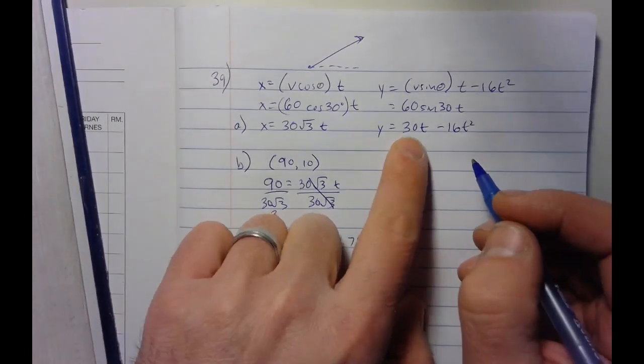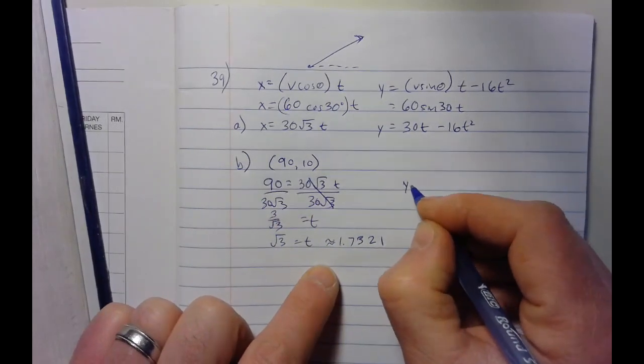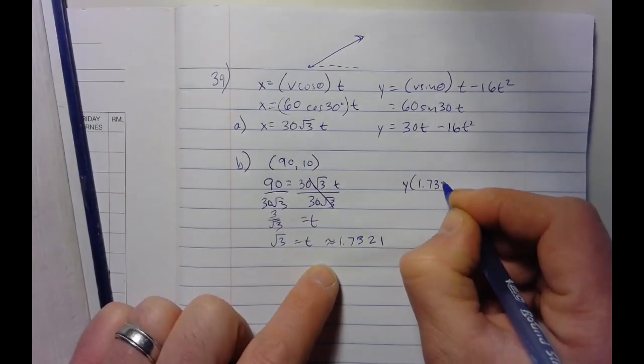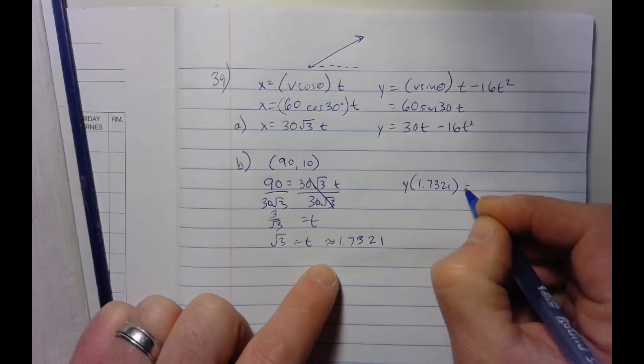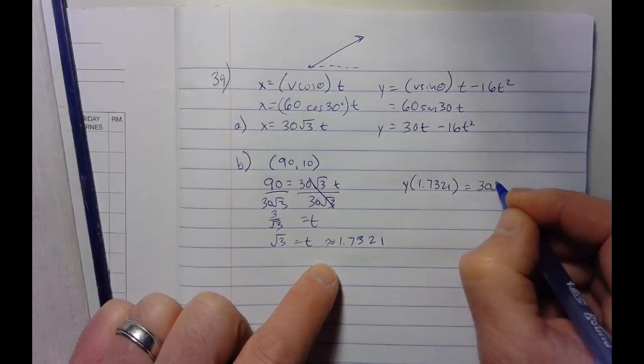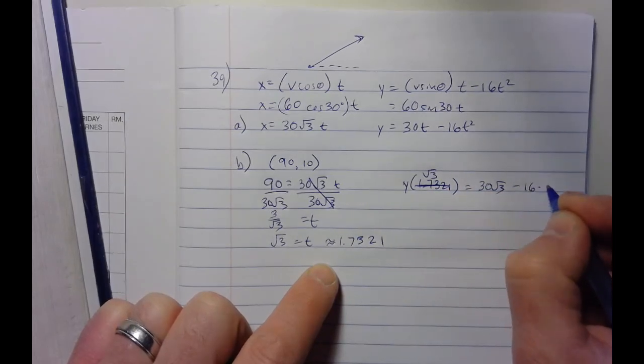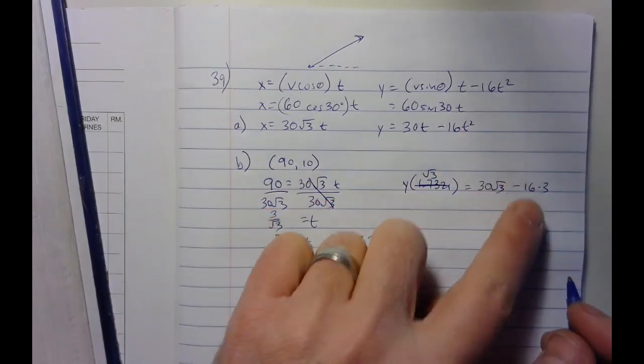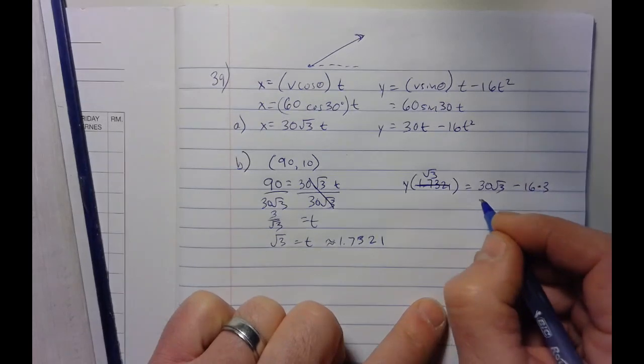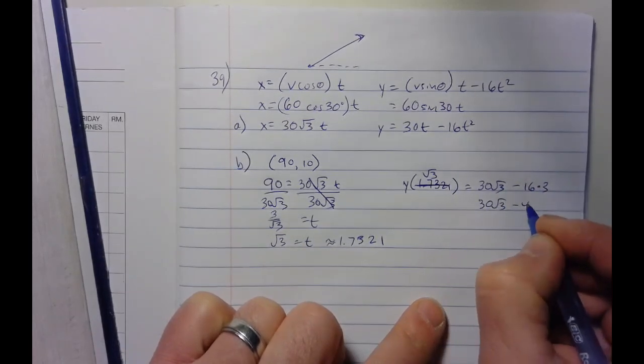So let me plug that in over here. y is going to be, when I plug in 1.7321, or basically the square root of 3, 30 square roots of 3 minus 16 times 3, because it's the square root of 3 squared. So it's going to be 30 root 3 minus 48.